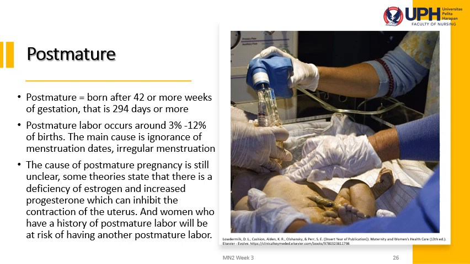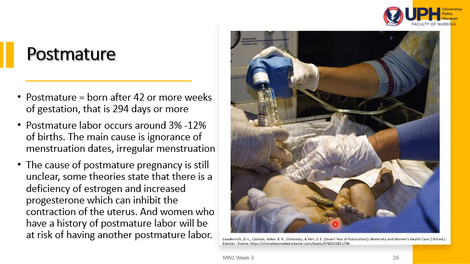The very basic or main cause of this is still unclear, but some theories state that there is a deficiency in estrogen as well as in progesterone that inhibits the contraction within the uterus. And then the women also probably have a history of postmature labor, and one history of postmature labor then leads to another.